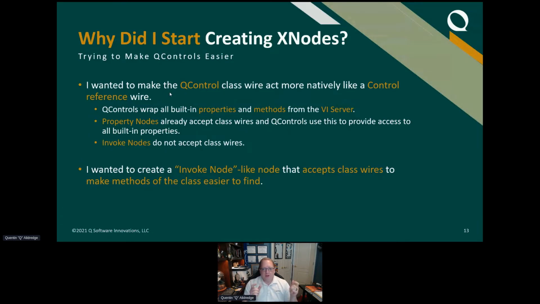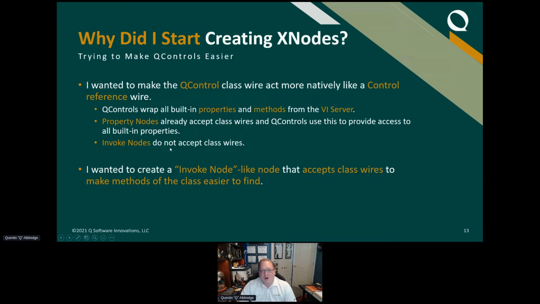Natively in LabVIEW, you can drop a property node, wire a QControl class wire into it, and access all of the properties just like you would if you wired a VI Server reference into it. I wanted that same ability to see all of the methods. I think this is something we've all asked for before, and I can't remember all the ins and outs of why they basically said no, you can't have it. But I ended up just doing it anyway.